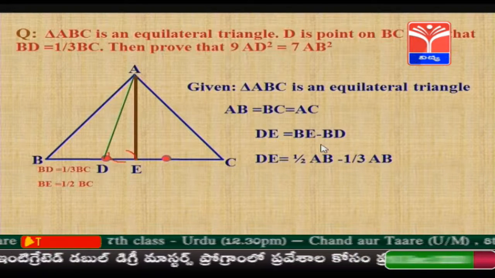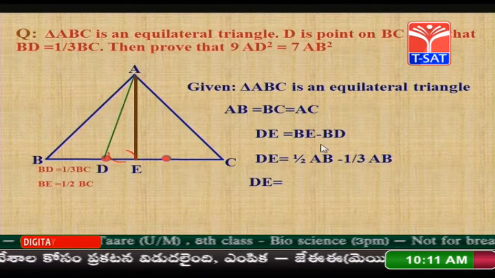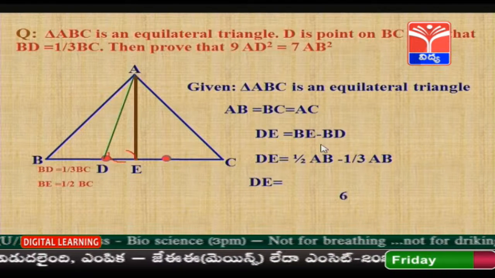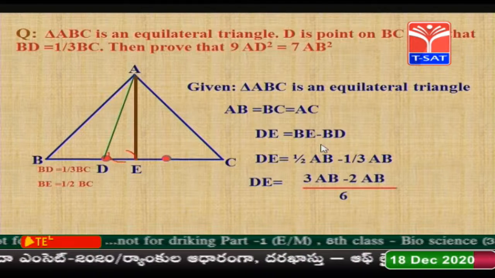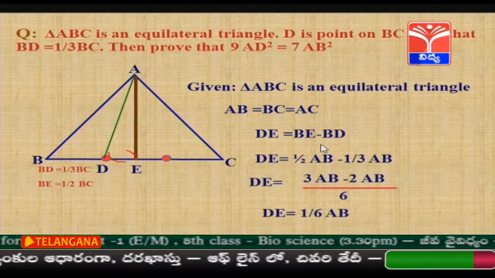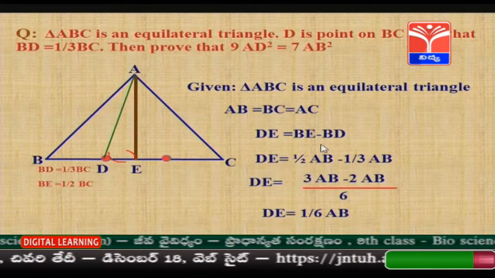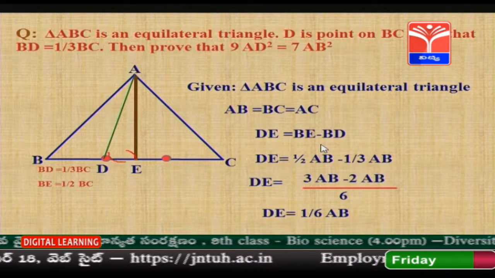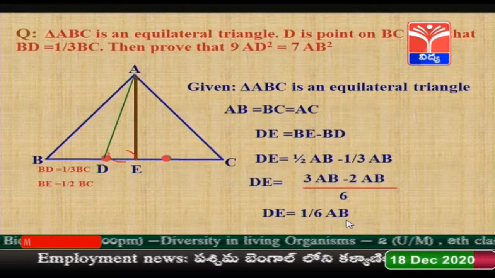So half AB minus 1 by 3 AB. If you take LCM, 6 is the LCM, DE is equal to (3 AB minus 2 AB) by 6. What does it become? DE is equal to 1 by 6 AB. Remember this, we have to use it in our calculation. See, DE is equal to 1 by 6 AB.